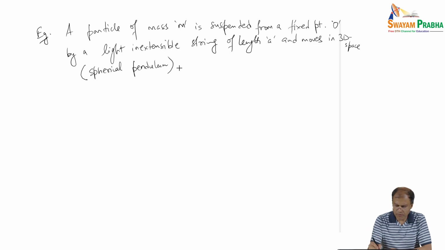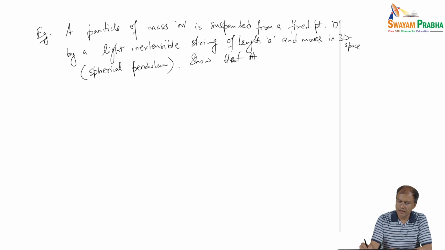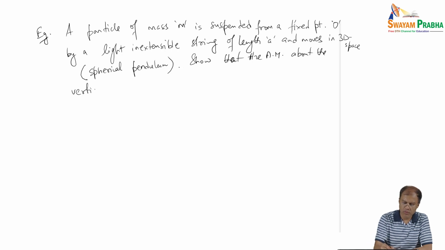Okay, so then we have to show that the angular momentum is conserved about the vertical axis. So show that the angular momentum about the vertical axis through O is conserved.